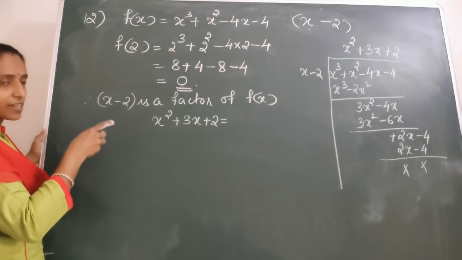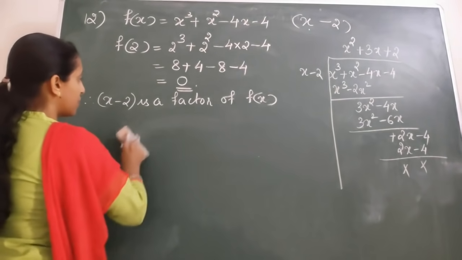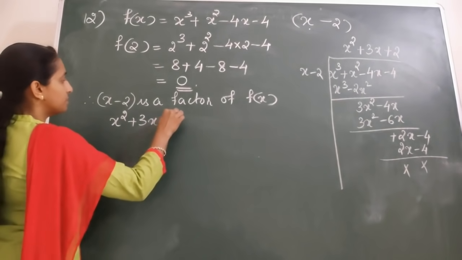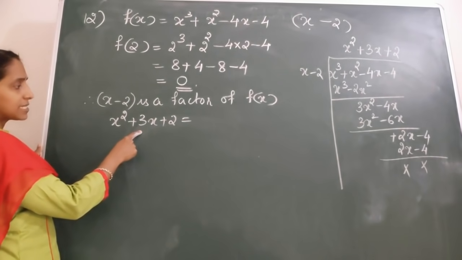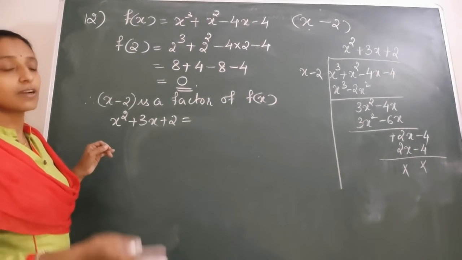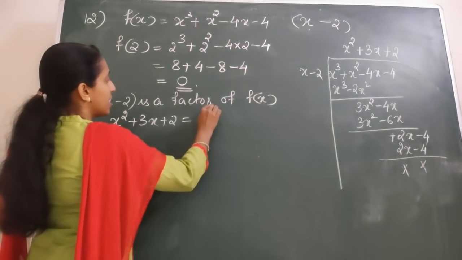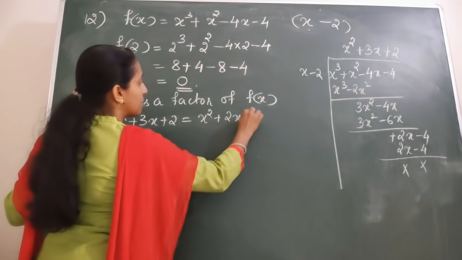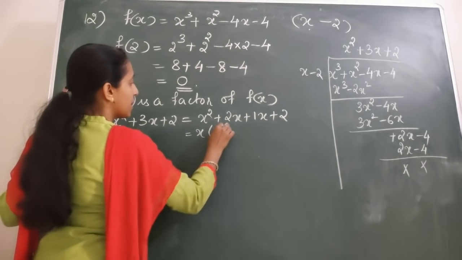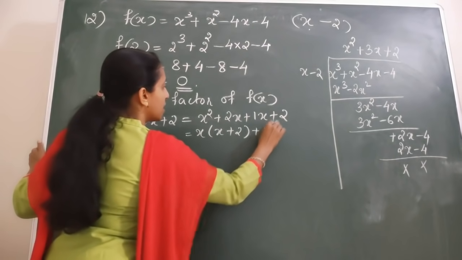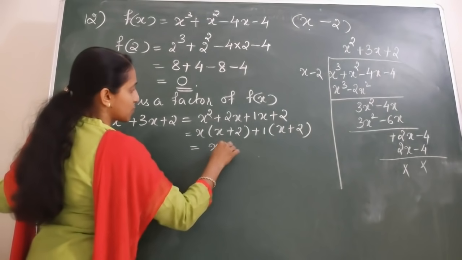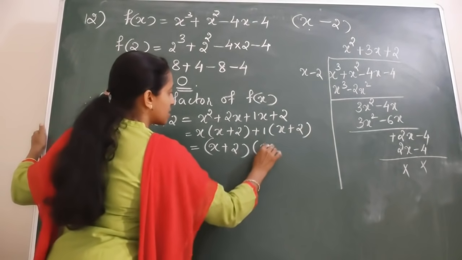If you are factorizing it, you need sum as 3 and product as 2. The numbers will be plus 2 and plus 1. So you can split it: x square plus 2x plus 1x plus 2. That means x into x plus 2, plus 1 into x plus 2. So you will get two more factors, x plus 2 and x plus 1.